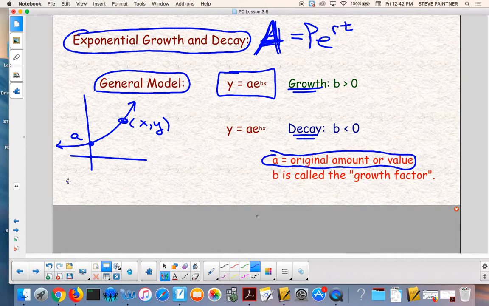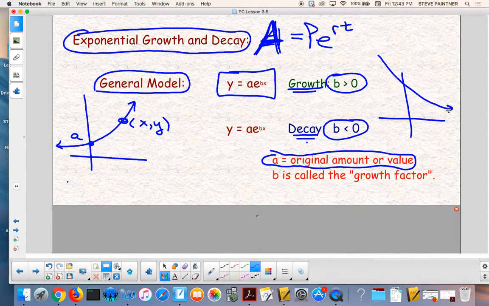Okay, they call the time X, and this is the amount of what's there. Okay. Now, one quick thing: if your B value is greater than 0, you have what? Growth. You'll have that picture. If your B value is less than 0, you have decay. And decay, I think you guys know it goes like this. Okay, it goes like that.